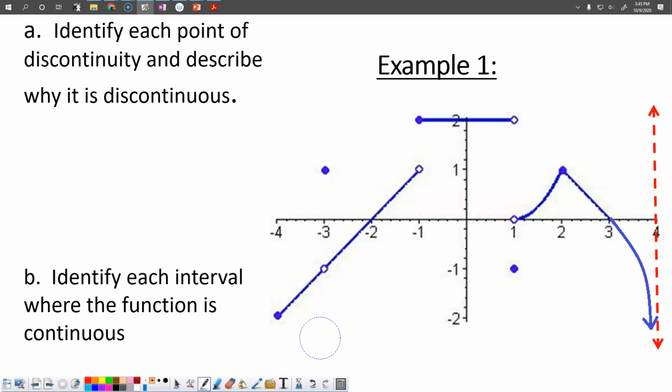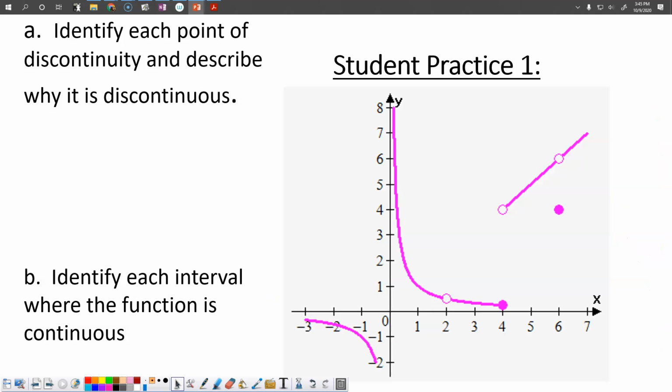Now, before I do part B, I want you to practice this stuff a little bit. I'm going to tell you that our graph exists over here forever, so we have that. Put some arrows on here.